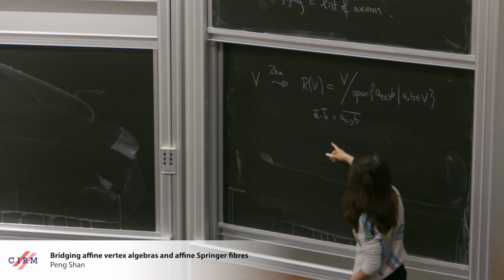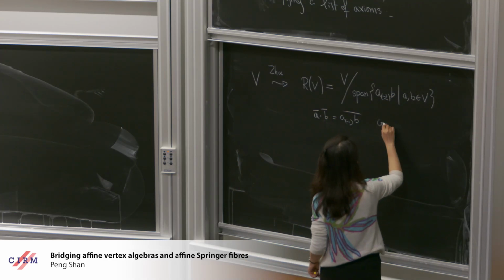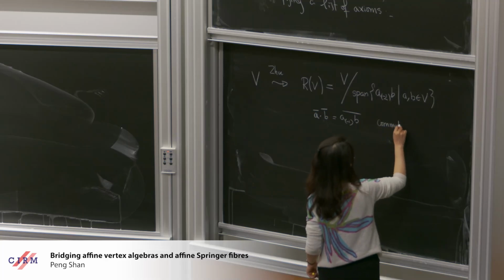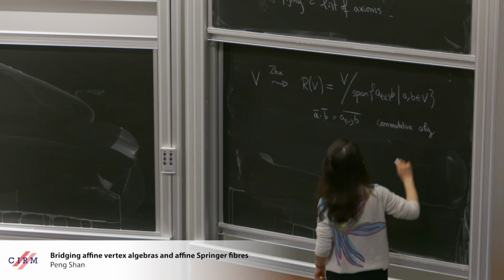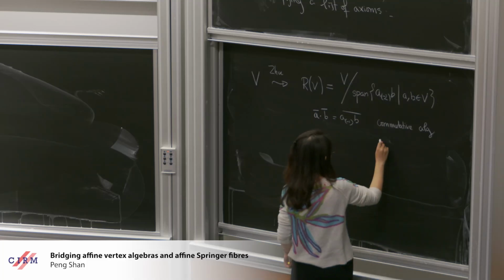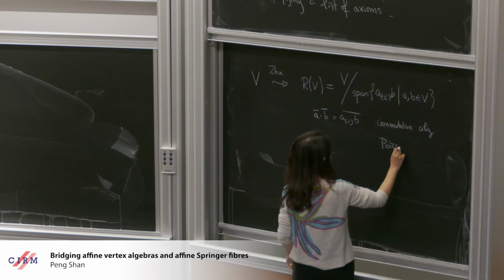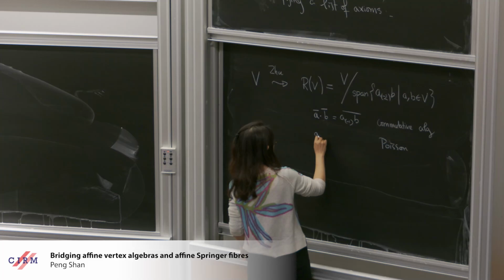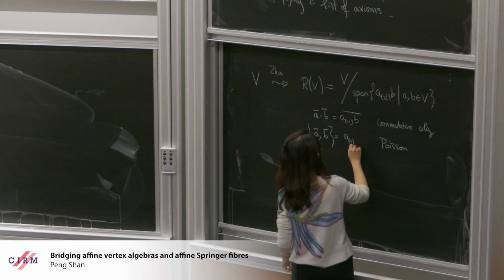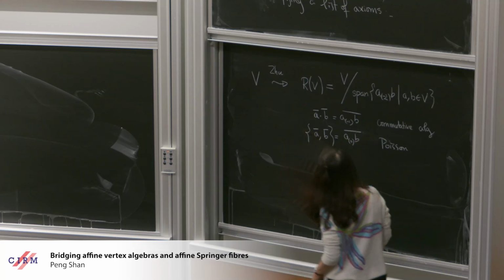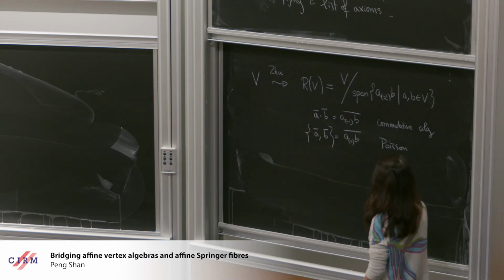One checks this defines a commutative algebra. Moreover, it is Poisson, with a Poisson bracket given by taking the bar of a_0 b.